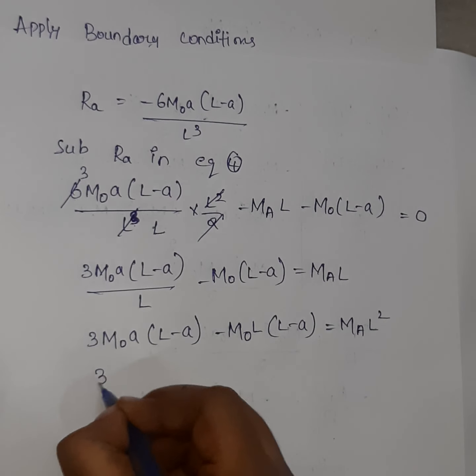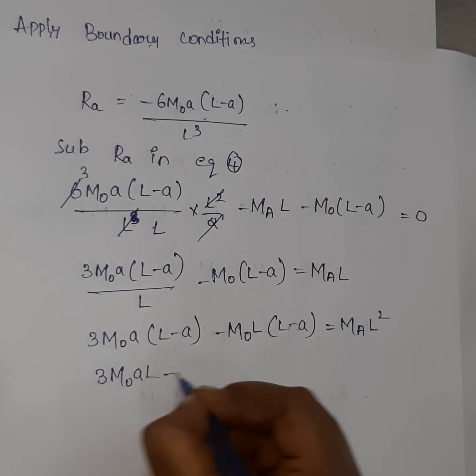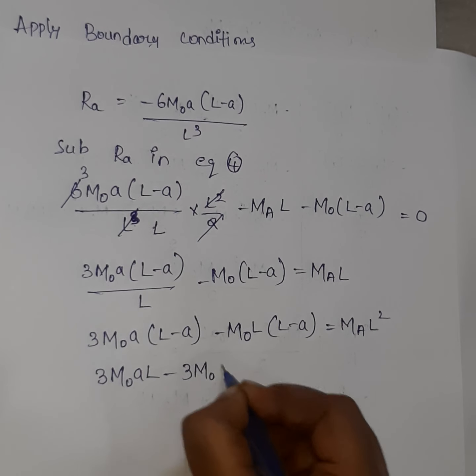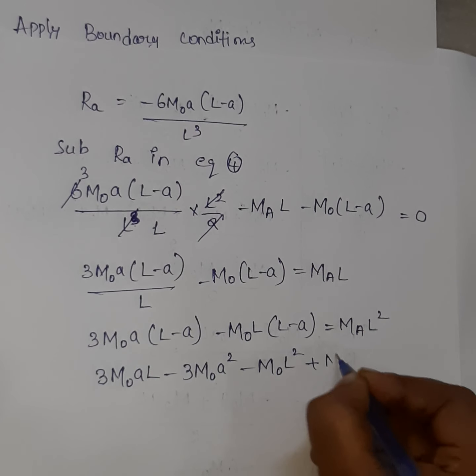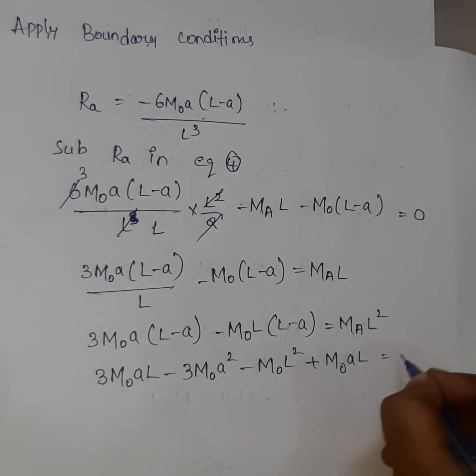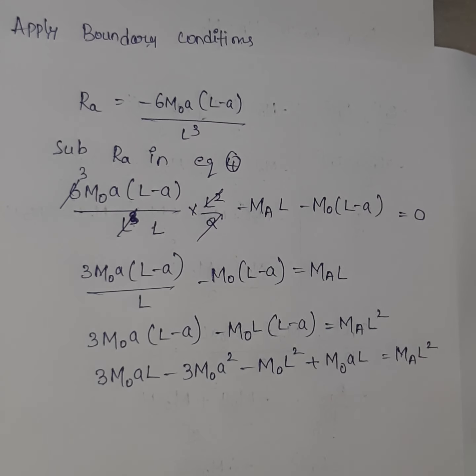So I am writing like this: 3 m naught a L minus 3 m naught a square minus 3 m naught L square plus m naught a L is equal to ma L square.